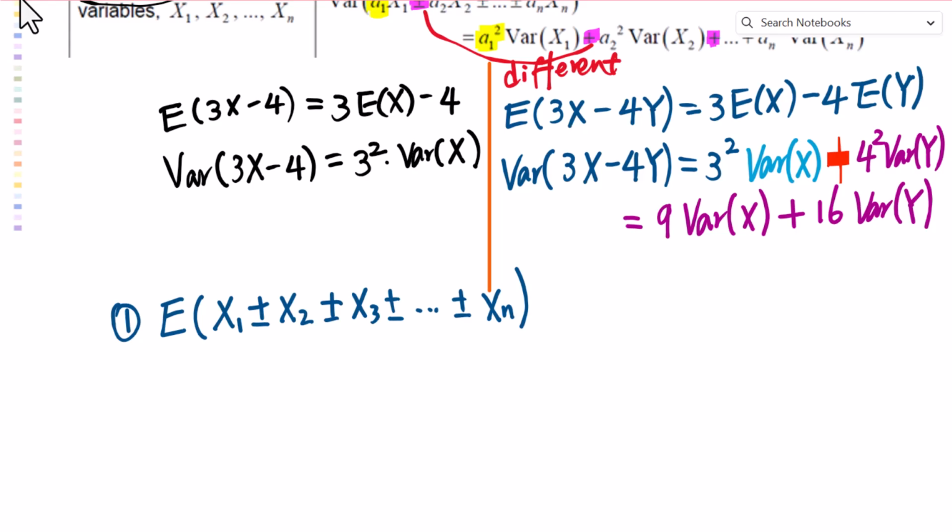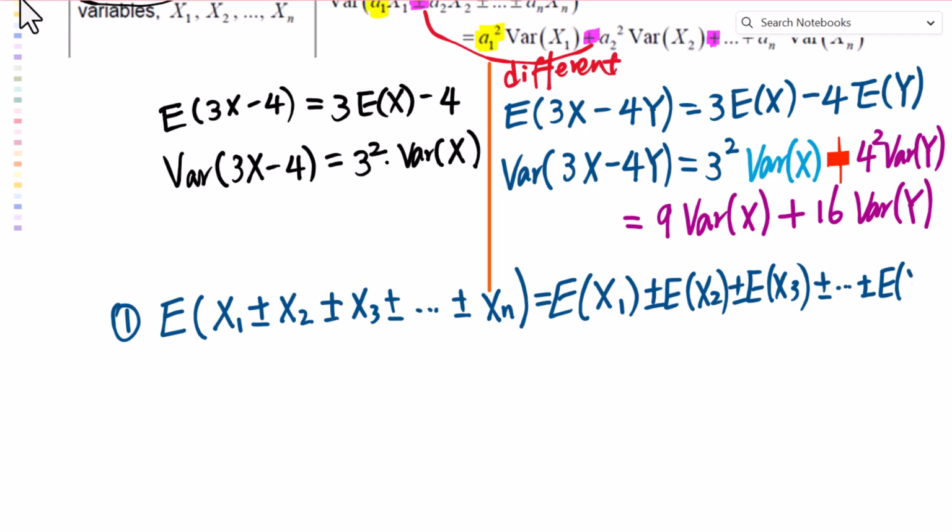E of X1 plus or minus X2 plus or minus X3 plus or minus X sub n equals E of X1 plus or minus E of X2 plus or minus E of X3 plus or minus E of X sub n.